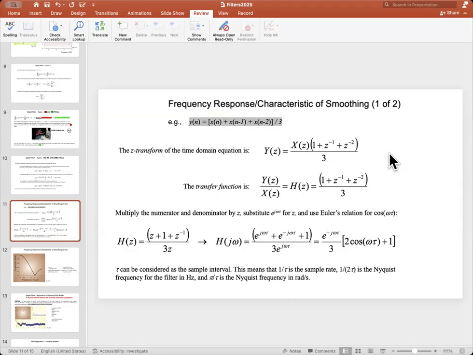And so for the filter, π over τ is the Nyquist frequency in radians per second, because you have to multiply the frequency by 2π to get ω, the radial frequency. So now you see that we did steps to go from the discrete time domain to the frequency domain. So we can see what the relationship is between time domain and frequency domain, and we can actually plot that.